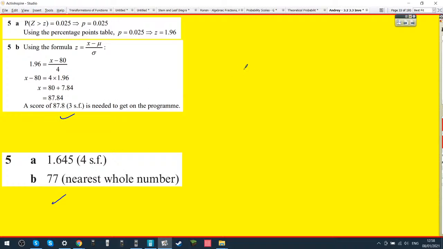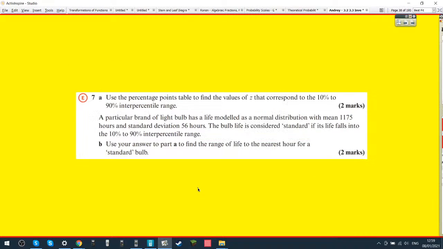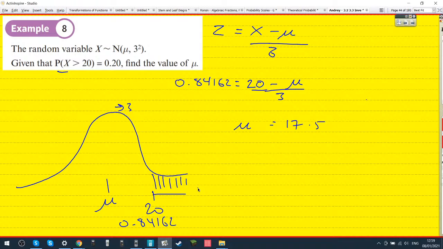That was 87.8. Yes. So this thing that you just did there, you get the Z that you need, and you put in the mean and standard deviation and you solve for X. Well, you do the same thing for the ones we were doing at the beginning, except you put in Z and X and deviation and solve for mean.